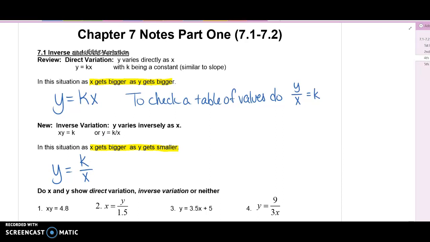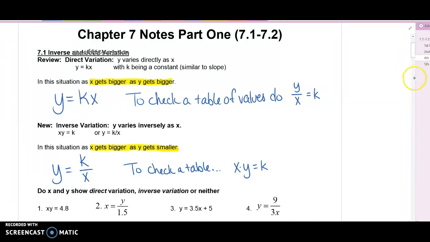If I give you a table of values and say, does this table represent inverse variation? If I want to get k by itself, what would you do with this x? Multiply it on both sides. So if you check x times y, and you get the same constant number every time, then it is inverse variation.